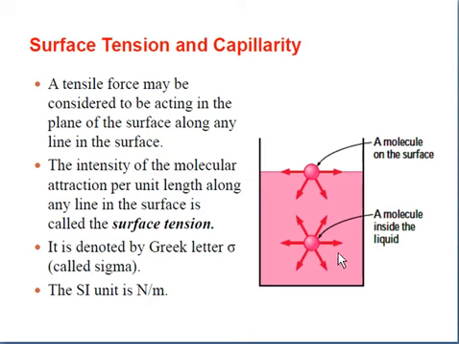Suppose this liquid is water and this is a molecule of water. This molecule is surrounded by all the other molecules of water, and because of cohesion, these molecules are connected. In that case you can see that the arrows are equal and in opposite directions. If some cohesive force is acting in this direction, an equal and opposite cohesive force is acting in the other direction.